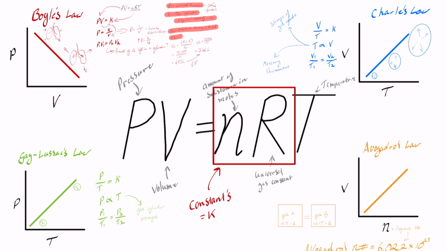Then Gay-Lussac's law, which describes the relationship between pressure and temperature if our volume remains constant. And then we discussed Avogadro's law and how this relates to the number of particles, atoms, or molecules using Avogadro's number and the relationship between volume and amount of substance in moles.